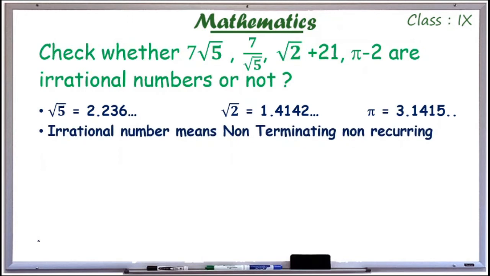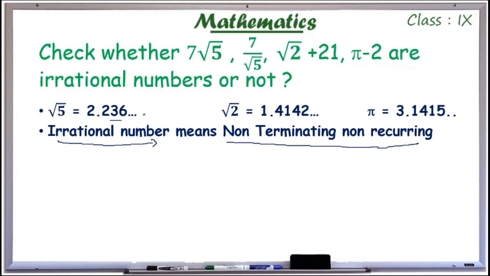Irrational number means non-terminating, non-recurring. We have already studied this property. Irrational number means the decimal expansion should be non-terminating and non-recurring. Root 5 is an irrational number because it is non-terminating. It is not ending anywhere. Also non-recurring.